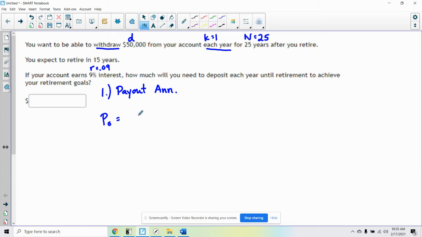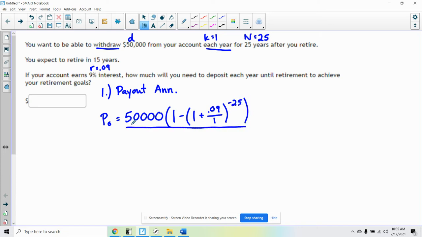So instead of D, I'm going to say 50,000 times 1 minus 1 plus 0.09 over 1 to the negative 25 times 1, all over 0.09 over 1. I will use this to figure out what P sub 0 is.